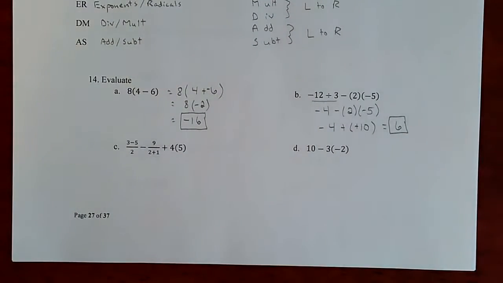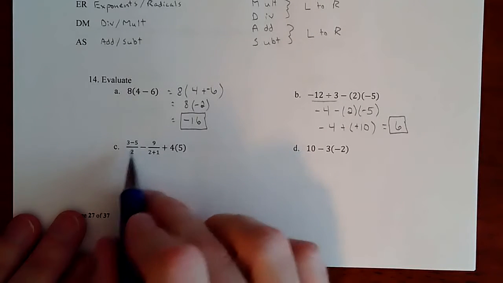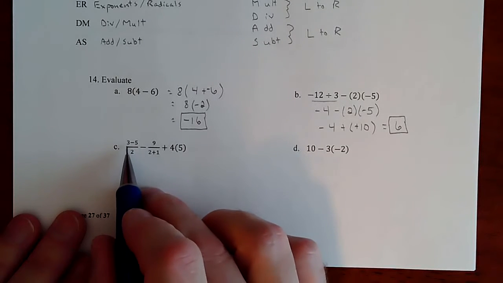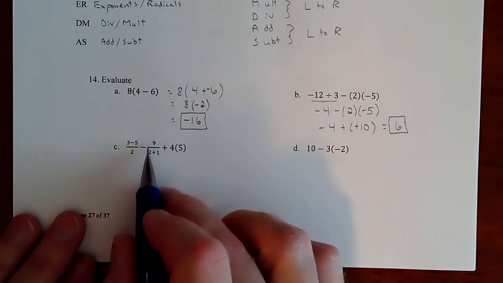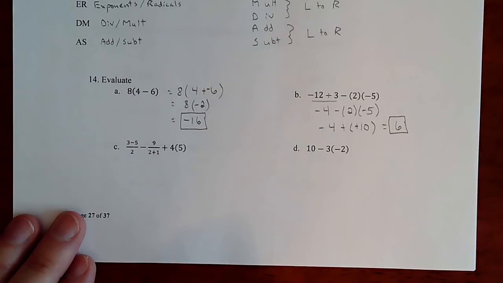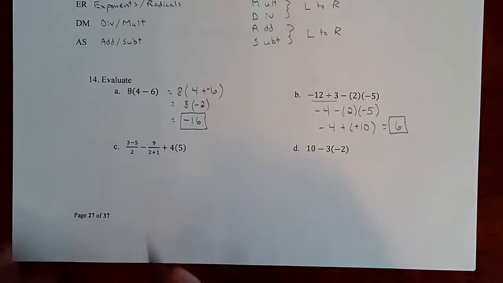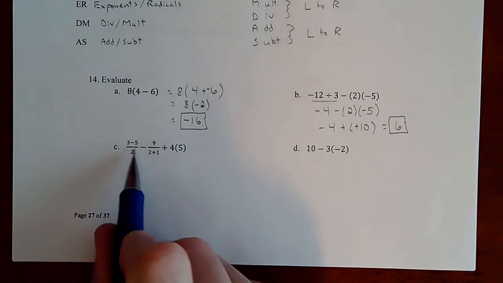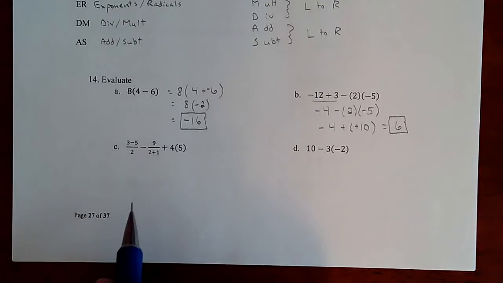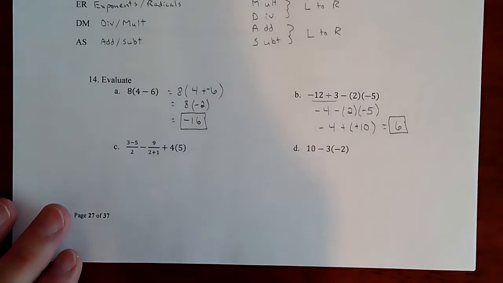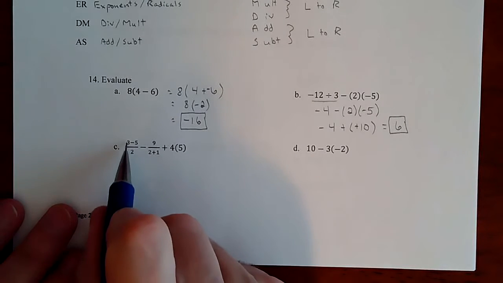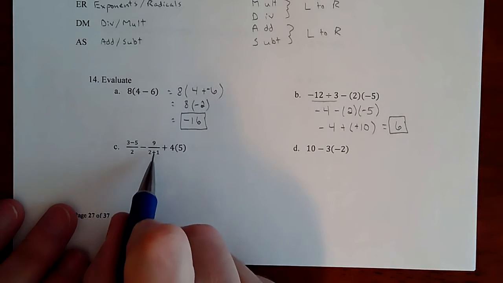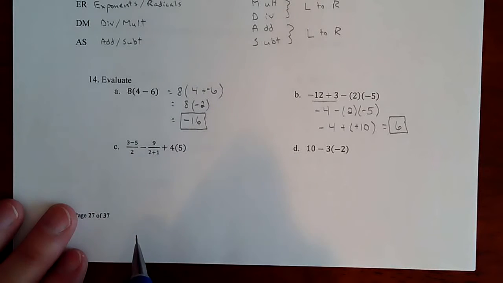All right, moving along. I have these fraction problems, and if you remember, fractions are division problems. So I have a division problem, and a multiplication problem. To be honest, since they're separated by pluses and minuses, which will be the last thing we take care of, we can simultaneously do all 3 of them. But before I do that, let me take care of the top so I can then divide it by 2, and let me take care of the bottom so then I can divide it into the 9.